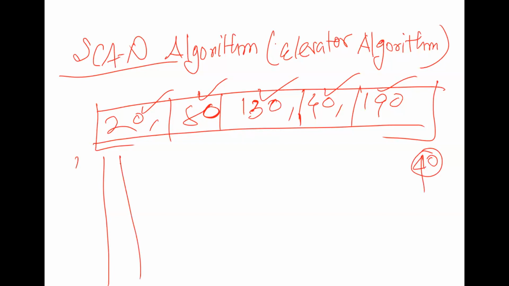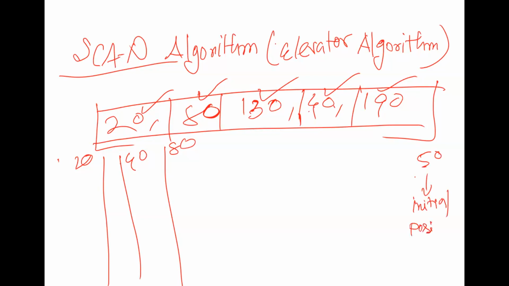So you need to draw 20, and then 40, then 80. Between these we have 40, and let's say your initial read-write head position is 50.